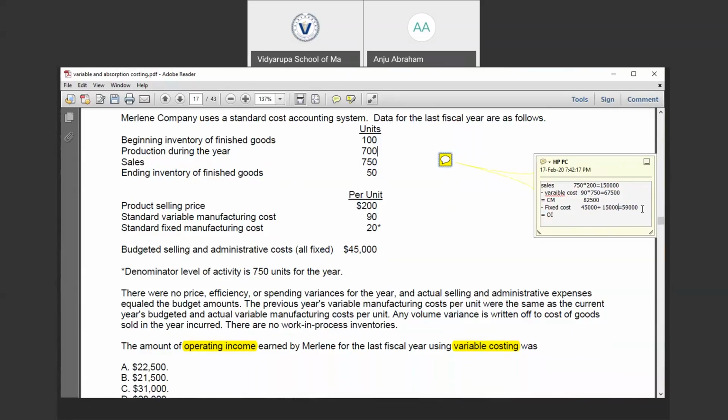So the total fixed cost will become 45,000 plus 15,000, which is 60,000, right? Okay, 14,000 was a mistake. So operating income is going to be 82,500 minus 60,000, 22,500. So option A is the answer.